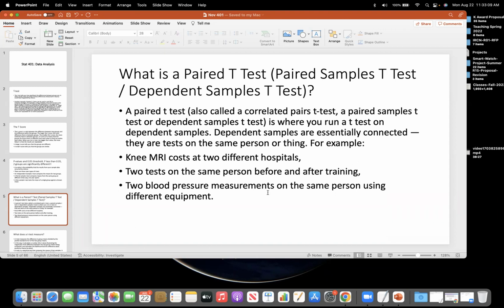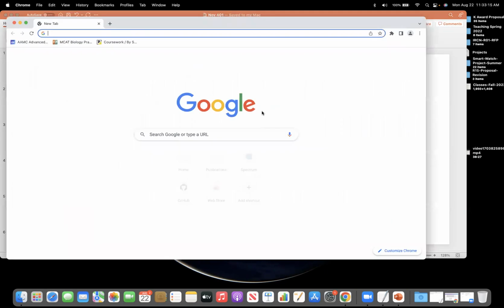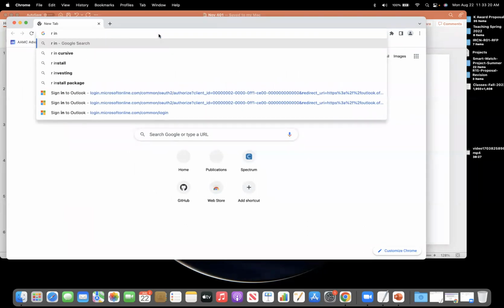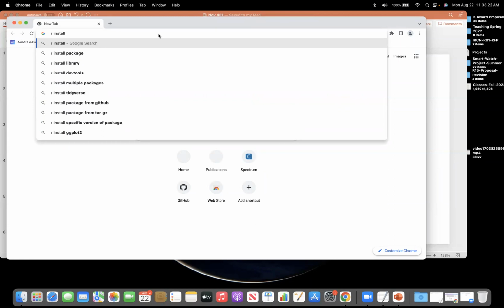So one thing which I want to do is, if you have the laptop with you today, then you should just go into Google, and I'll give you the links to install your R software.